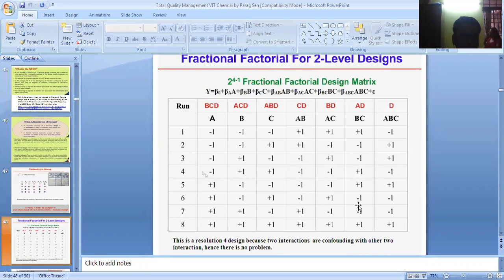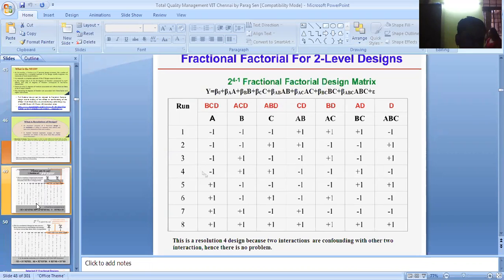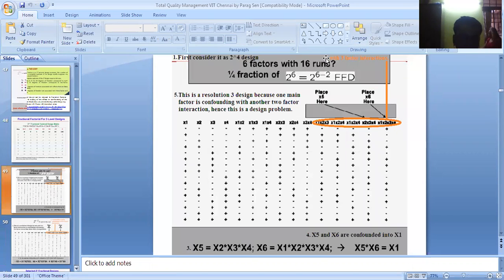But it may also be a 1/4 fractional design. Suppose you have 6 factors and each factor has 2 levels. So 2 to the power 6, you need to conduct 64 runs, 64 experiments.